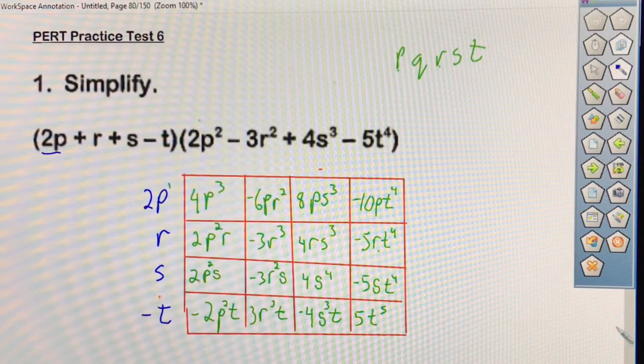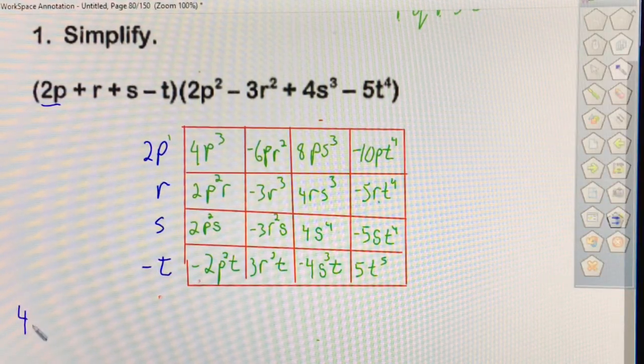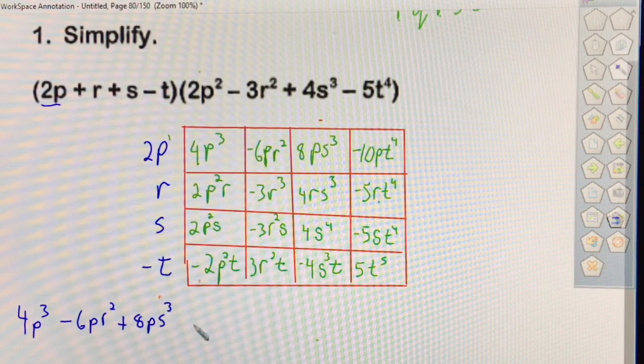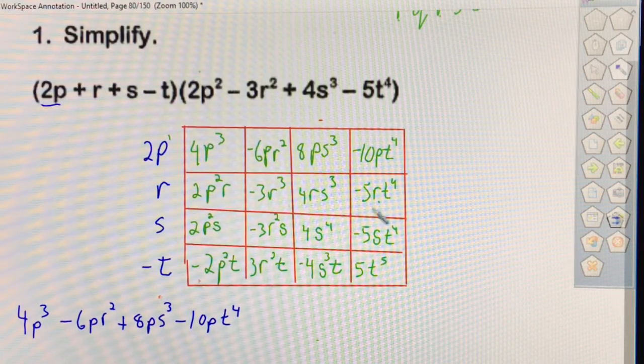So my final answer is going to be, from this Punnett square, I'm going to start here, and you'd have to seek and destroy to see if they put it in a different order. I'm just going to put it in the order going across here. So negative 6pr squared plus 8ps cubed minus 10pt to the fourth. I do not see anything combining.